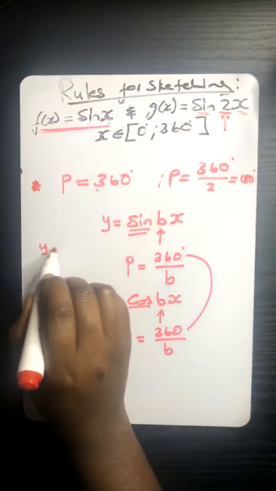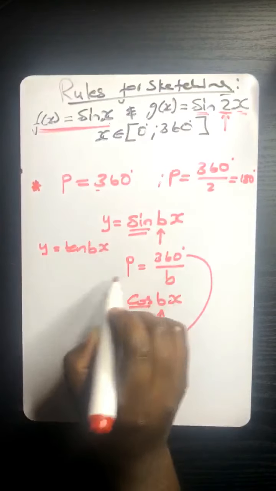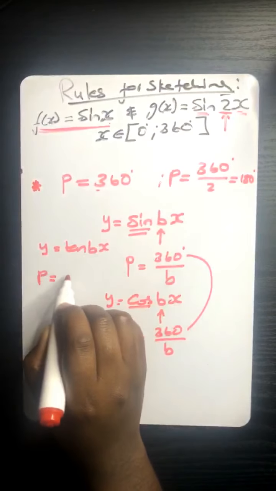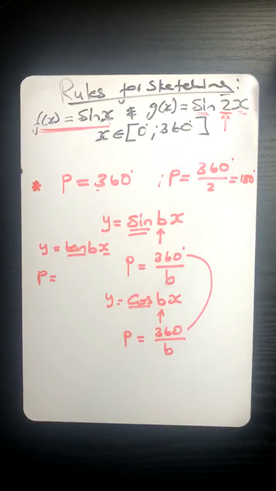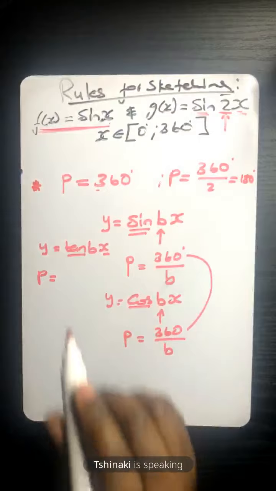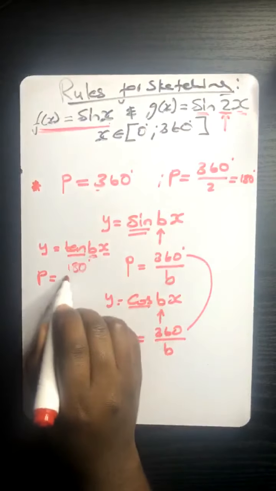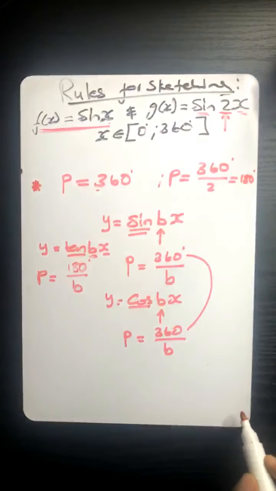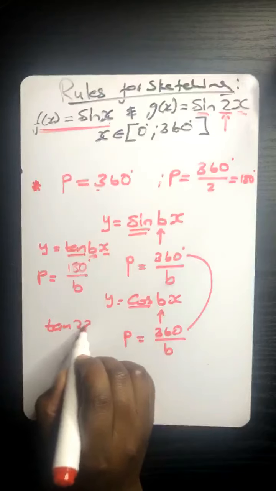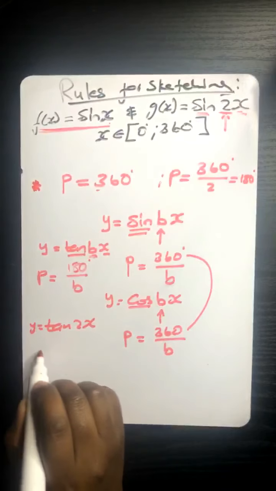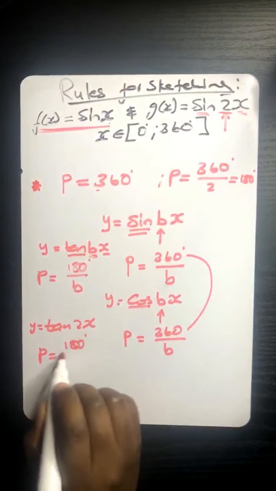But for tan, remember, what is the period for the tan function? 180, 100%. It's 180 degrees. But because of that b value, it is therefore going to be 180 divided by b. So, for example, if you have y equals tan 2x, the period for this one is 180 degrees divided by 2.